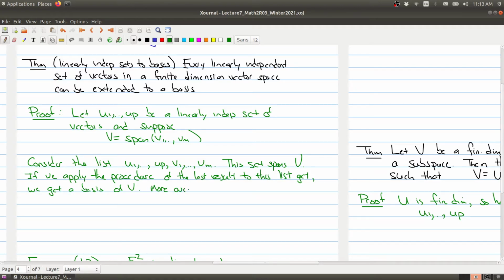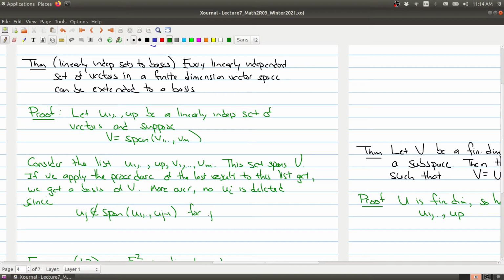When you look at how the procedure works, moreover, no vector ui is deleted. When you do your procedure, you first check u1, and then you check is u2 in the span of the previous vectors, is u3 in the span of the previous vectors. When we look through the first p vectors, uj, for j equaling 2 to p, will not be in the span of the previous ones because these vectors are linearly independent.